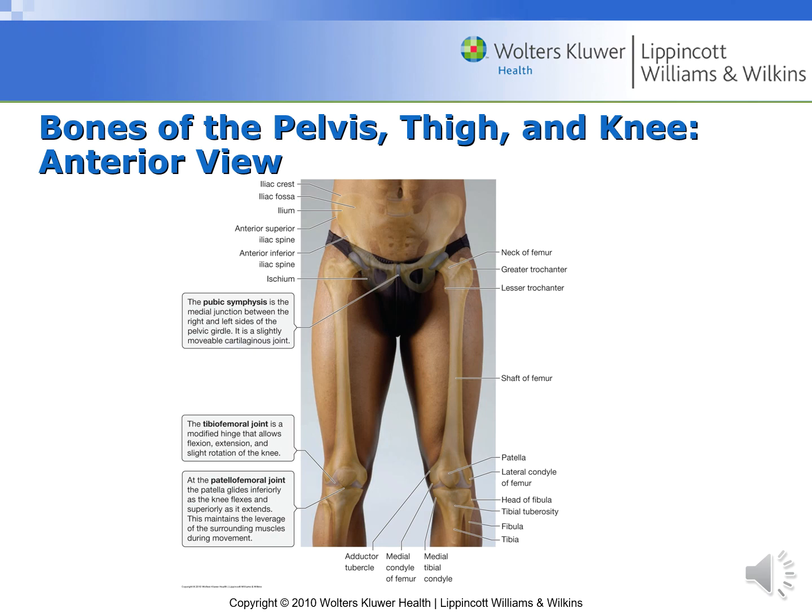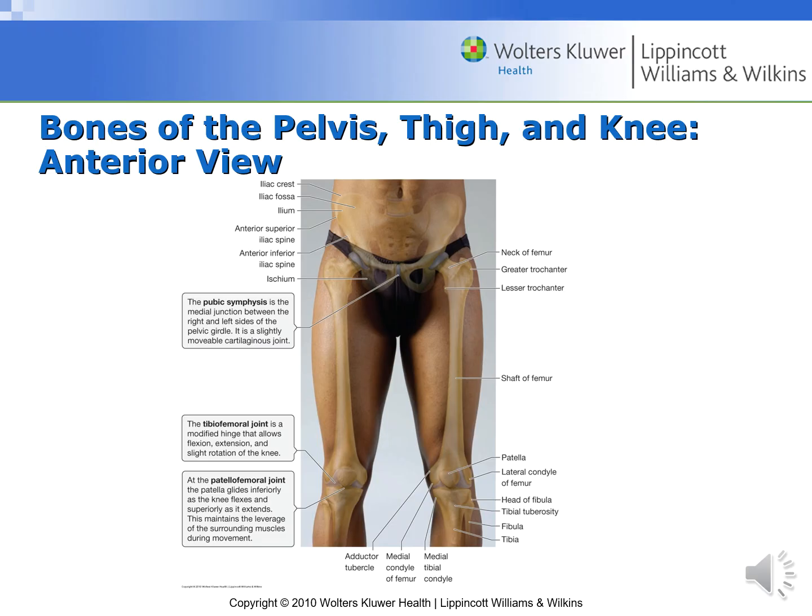And as we travel over to the right-hand side, most superiorly, we can see the neck of the femur bone. We see what's referred to as the greater trochanter. We can also see the lesser trochanter. Then we see the shaft of the femur bone. We can see the patella. We also see what's referred to as the lateral condyle of the femur.